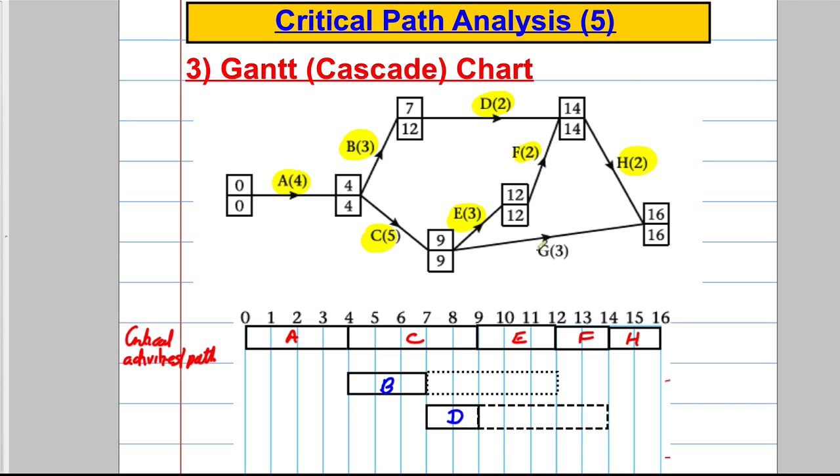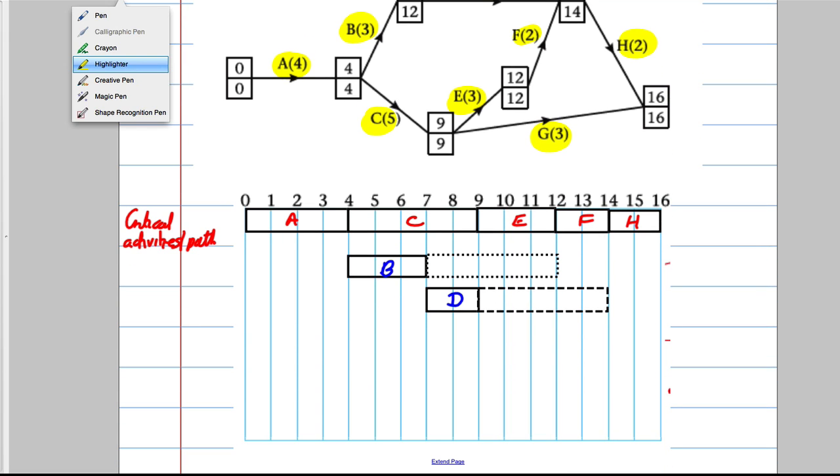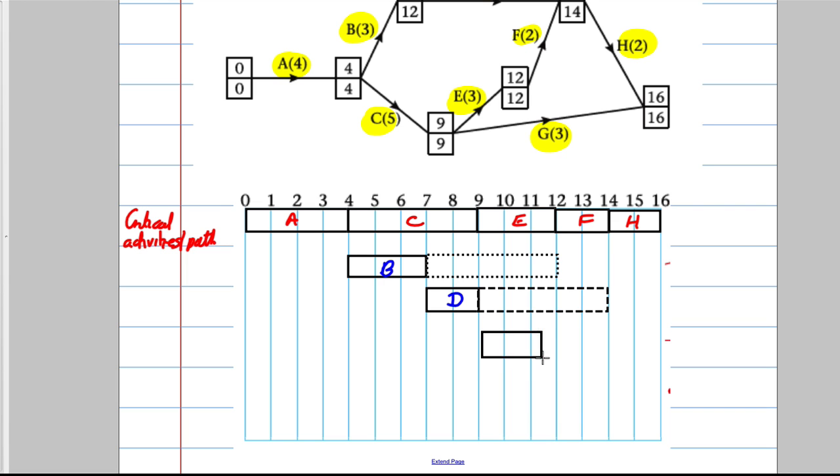And what else do I need to do? I just need to do G to finish off. So let's do G finally. G, you can get there at 9, so you can start at 9, it's 3 long and it must be finished by 16. So we start it off at 9. It's 3 long, so it's going to go over to 12 like that.